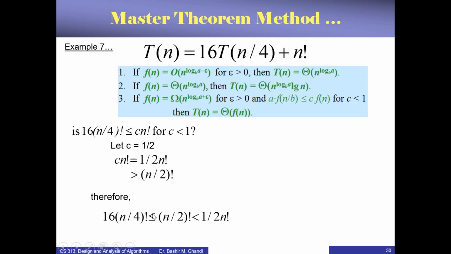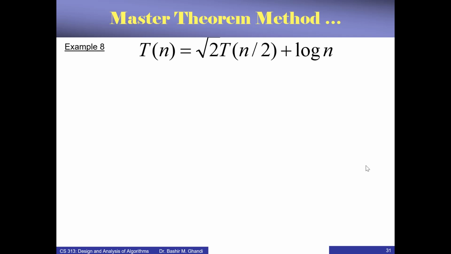So clearly this is less than half n factorial. So if we take our c to be half, that inequality is also true. So we can conclusively say our running time function is theta of n factorial.